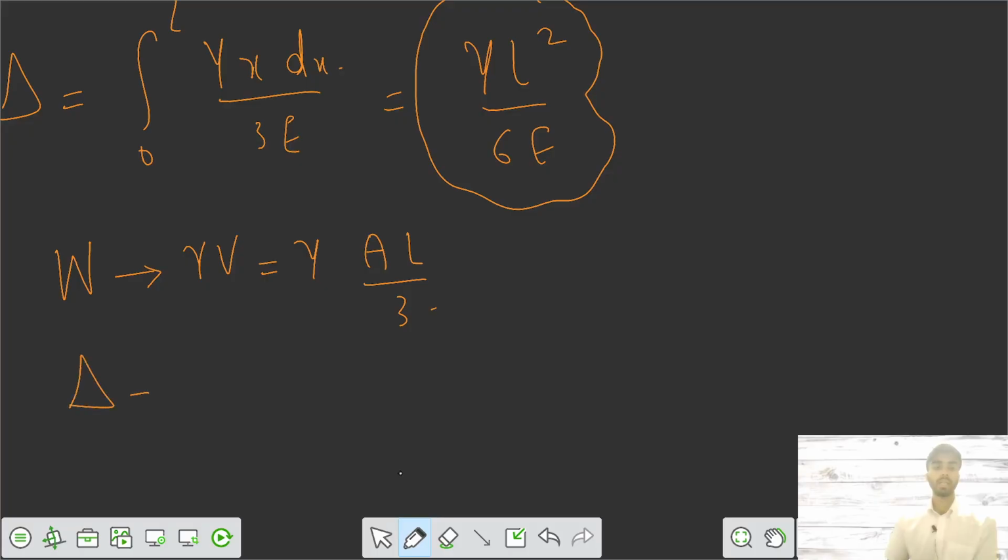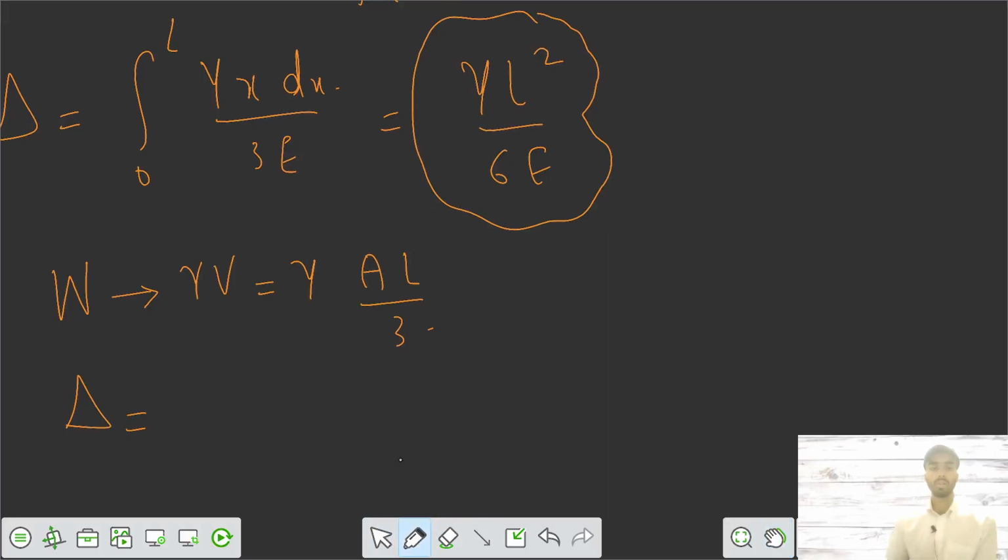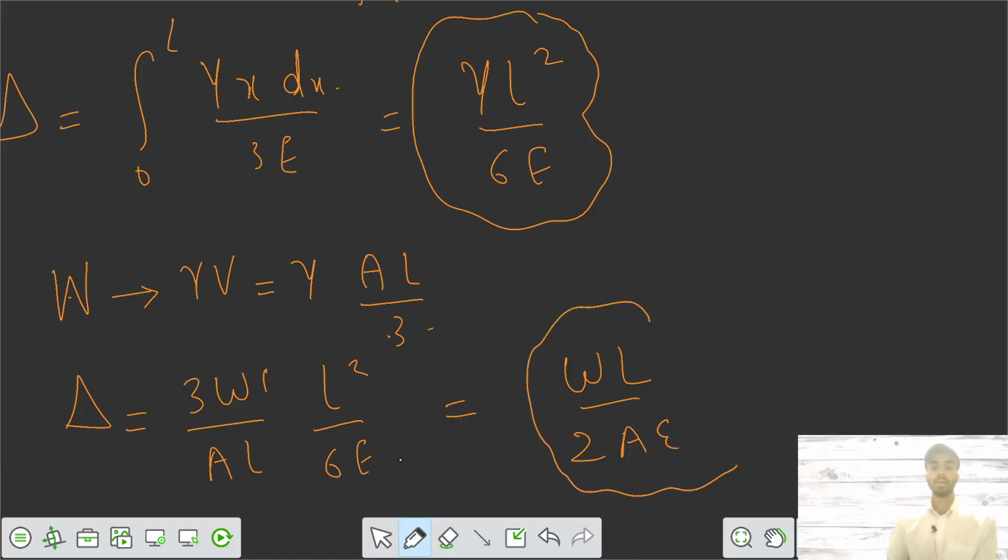So gamma is 3W by AL. Substituting, 3W by AL into L square by 6E gives WL by 2AE, the same as we observed in the prismatic bar having self-weight W.